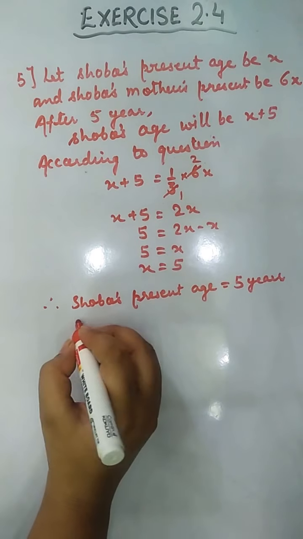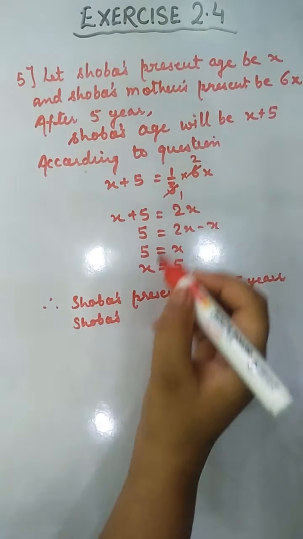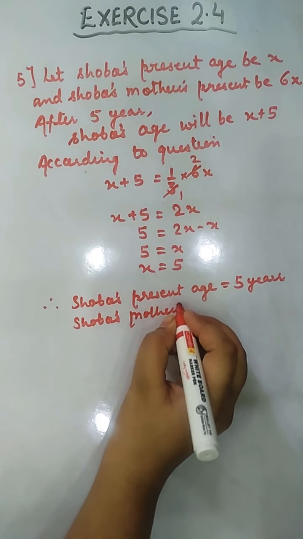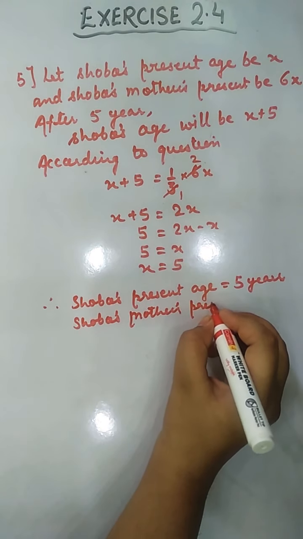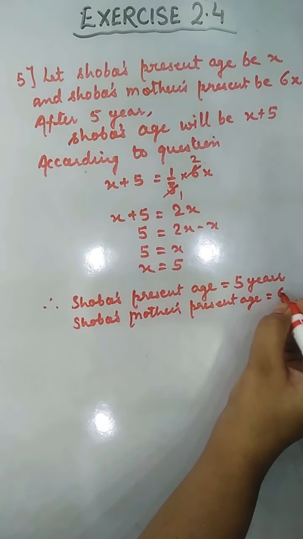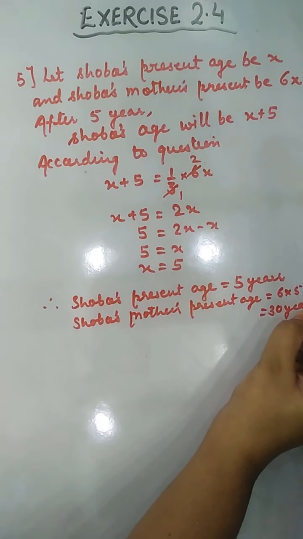And Shobo's mother's present age will be what we have taken, 6x. Mother's present age will be how much? 6 into 5, that is 30 years.